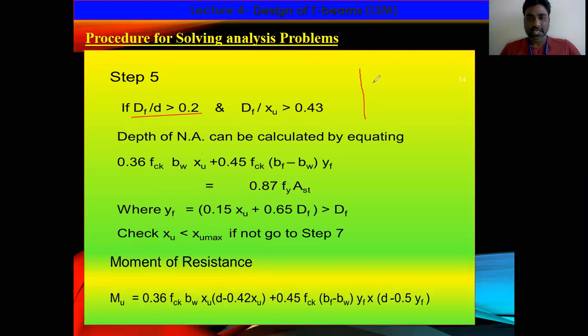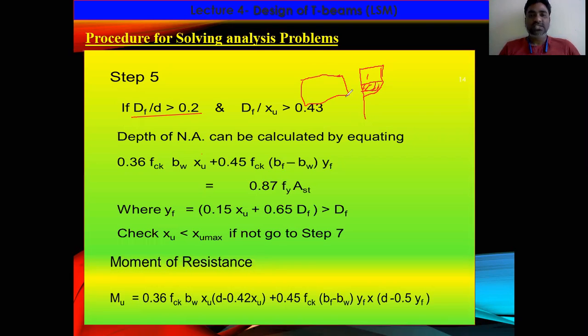Within the rectangle, it seems to be like this. Somewhere else, the rectangular portion will touch here. So up to here it is constant. After that, it is very difficult to determine the average stress.